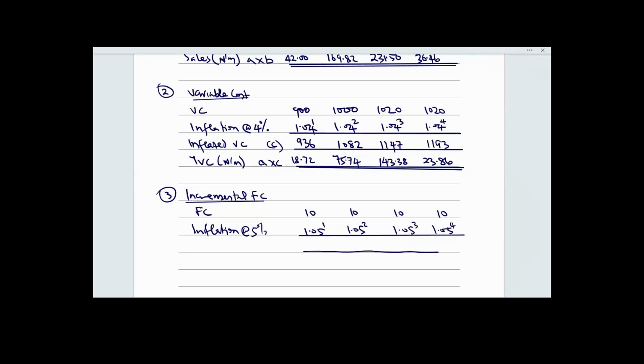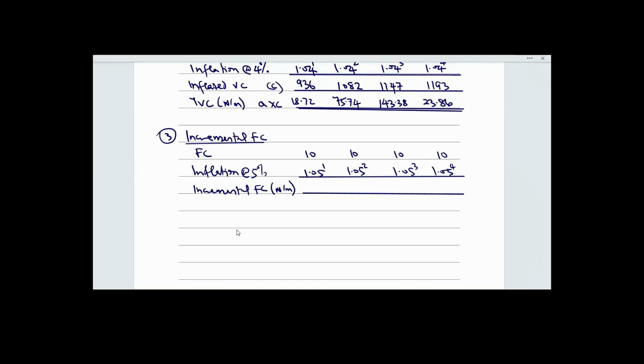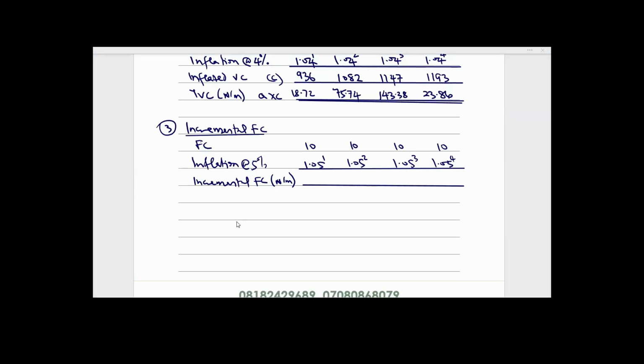This is the incremental fixed cost in million. Fixed cost has nothing to do with number of units. So I will carry my calculator, 1.05 raised to power 1 multiplied by 10 will give us 10.5. That's the answer we got up there.